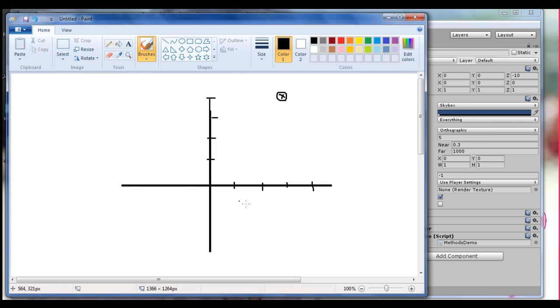What will be the x value and y value? We can very easily get that. I just draw a line from here to here, then a line from here to here. That is our object's position. So this will be 0, 0, and here the x value will be 3 and the y value will be 4.